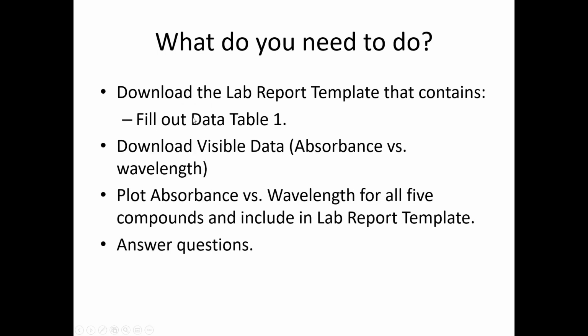Okay, so what you need to do is download the lab report template and fill out data Table 1, download the visible data, and plot the absorbance versus wavelength for all 5 compounds, and include that in the lab report. And there are also a bunch of questions there. Please answer those questions.